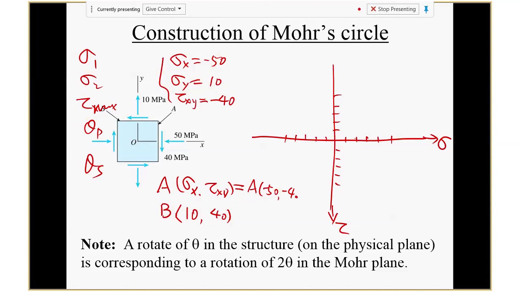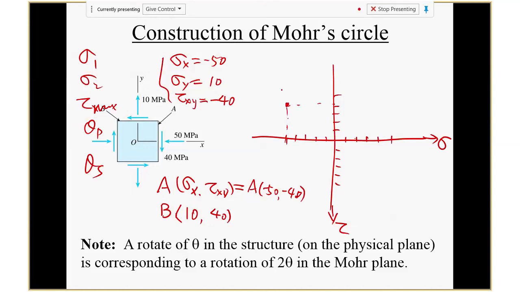Now, can you label A and B on this plane? Yes, okay, let's find A first. A, negative 50. So 1, 2, 3, 4, 5. So 50, negative 50 here. Then negative 40, right? Okay, where's the negative 50, negative 40? Go up or down? Go up. That's a negative direction, right? So 1, 2, 3, 4. So here.